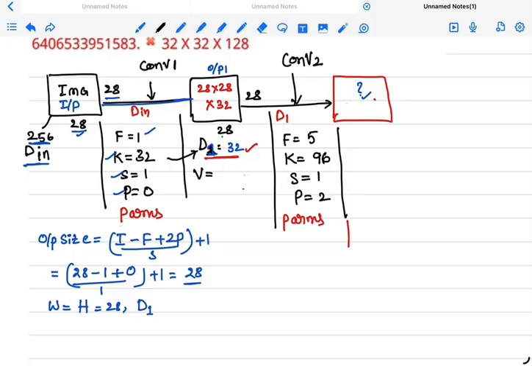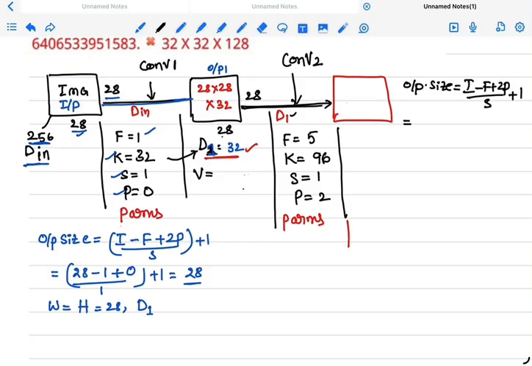But they are asking this value, right? Layer the depth is d1. Okay. So how to find this output size? For this the output size is equal to the same formula: (input size minus filter size plus 2 times padding) divided by stride plus 1.